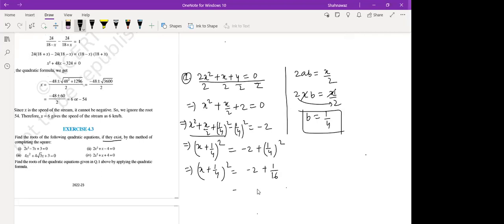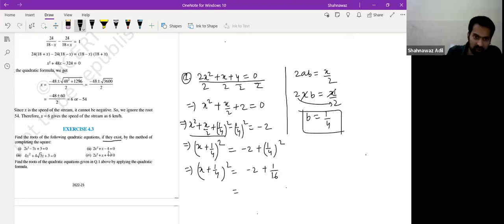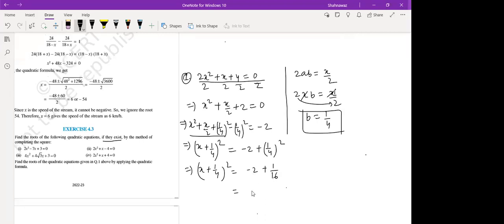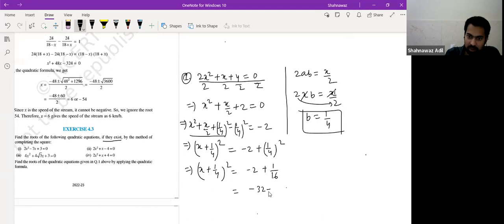It's like the second question only, but you have this positive, so you can see how this positive quantity makes the difference. So this is 32 minus 1 by 16, so this is 31 by 16. So x plus 1 by 4 square is minus 31 by 16.